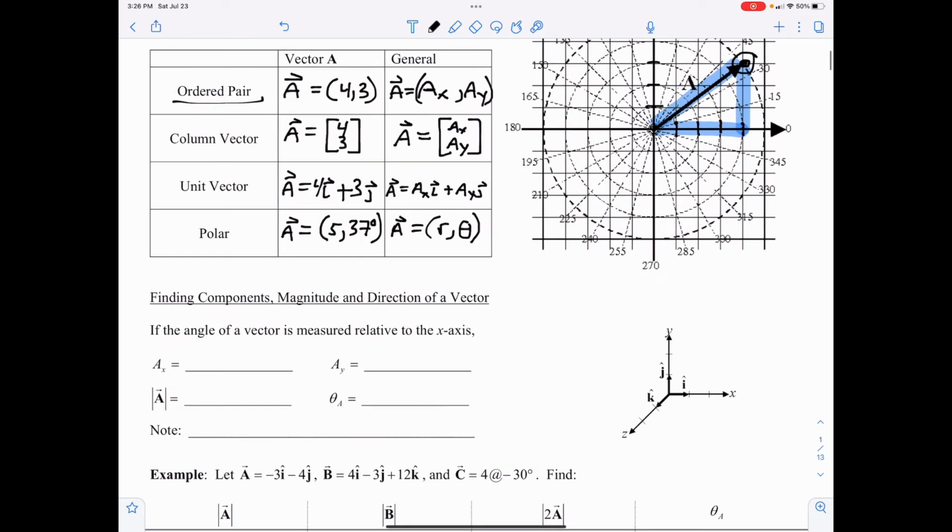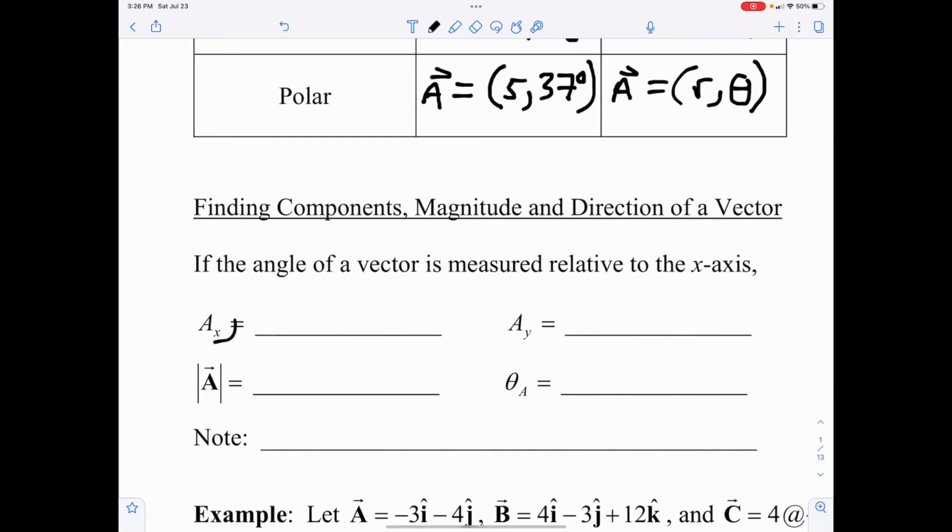Finding components, magnitude, and direction of vectors. If the angle of a vector is measured relative to the x-axis, then the x component of the vector, we're going to call A sub x, we would find that as the magnitude of the vector A times the cosine of the angle. The x component goes with cosine. And we're going to be referring to the x component in a slightly different way with some vectors.